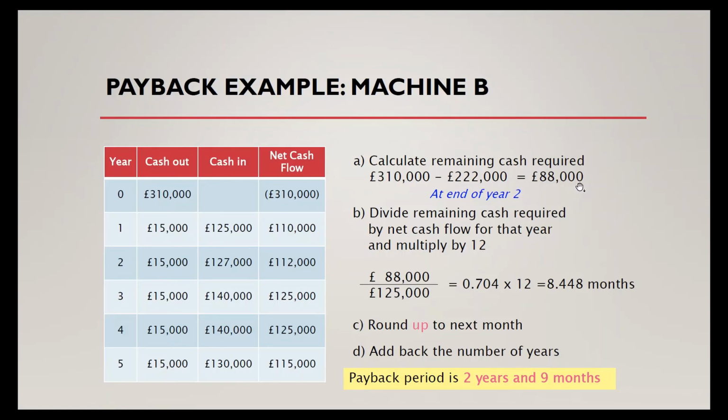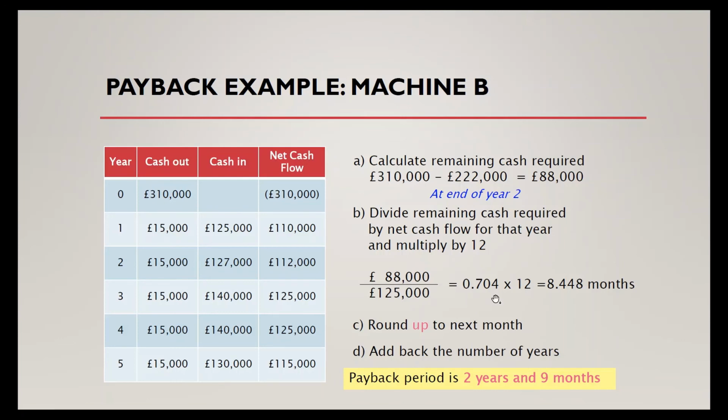We know that we need 88 more thousand to reach the initial investment of 310. Therefore, we divide this £88,000 by the third year net cash flow, which is £125,000.